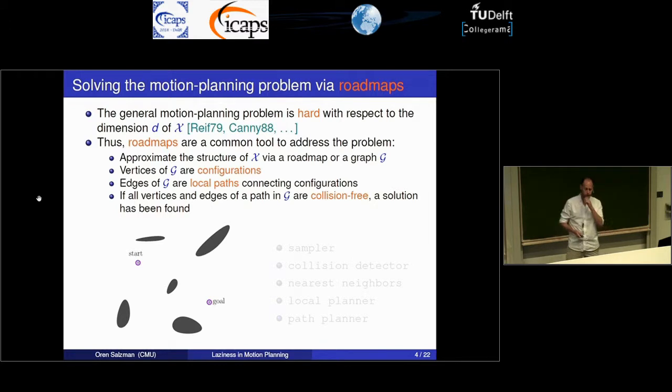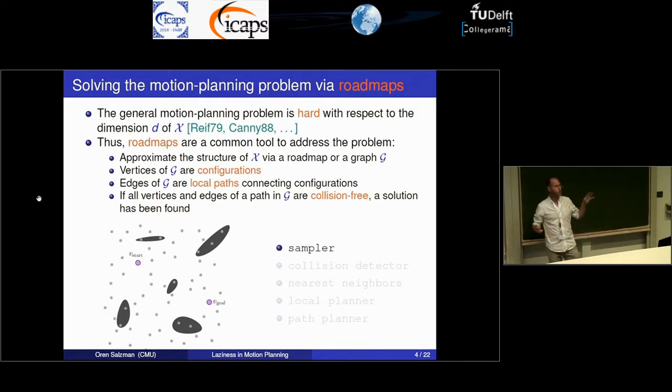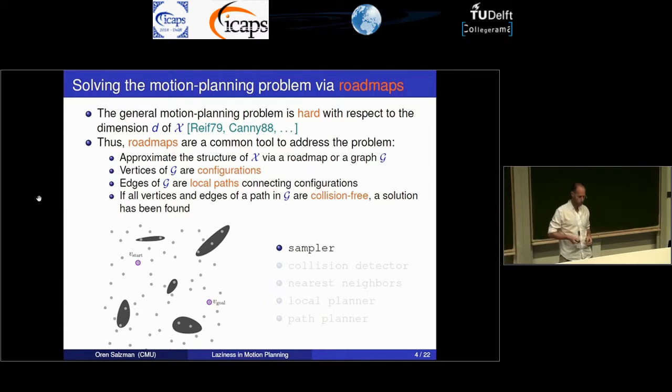So let's visualize how this looks. The way that we generate these roadmaps, we throw a bunch of samples in the configuration space. Some of them correspond to configurations that lie in the obstacle space. So we need to run some collision detector which checks if these configurations are collision-free or not. We'll throw them away.